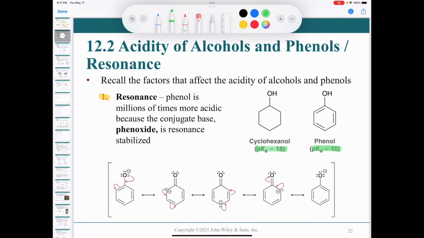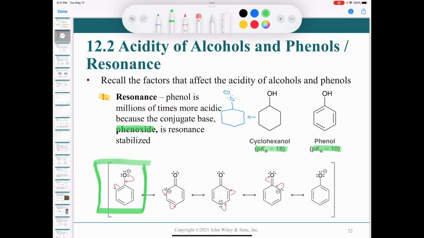Why would that be? If we draw the conjugate base of cyclohexanol, if that was to get deprotonated, we end up with this alkoxide where we have the negative charge on the oxygen, and that's fine. However, when we draw the conjugate base of phenol, we get what's called a phenoxide, or sometimes a phenolate.